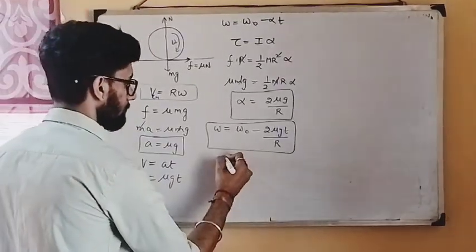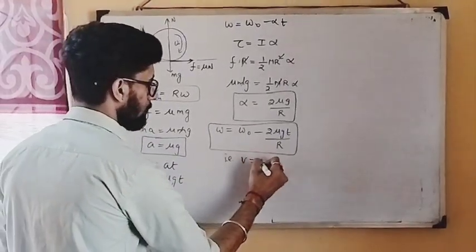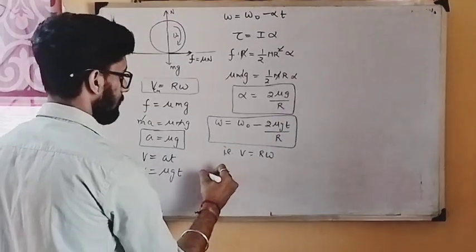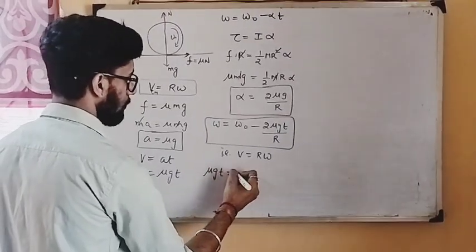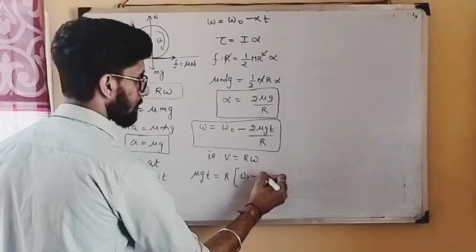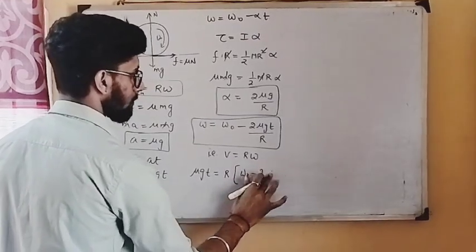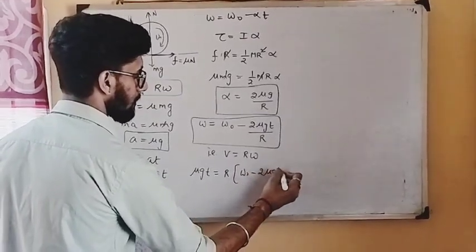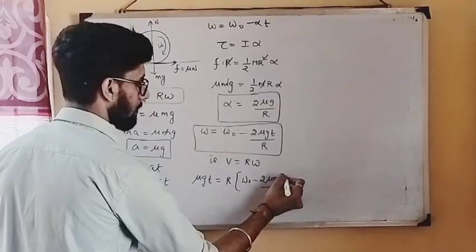That is v is equal to r omega, or in other way mu g t is equal to r into omega, which is omega naught minus 2 mu g t upon r.